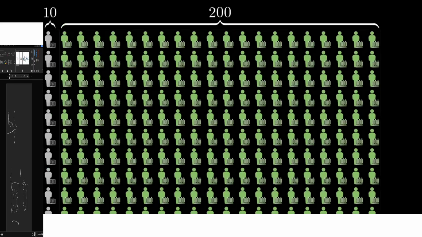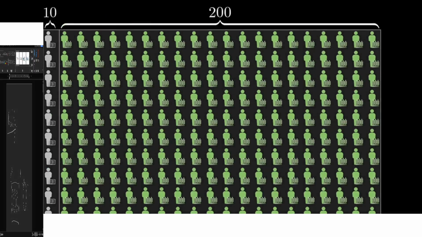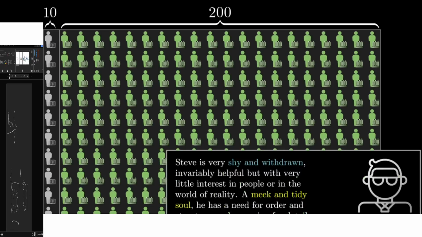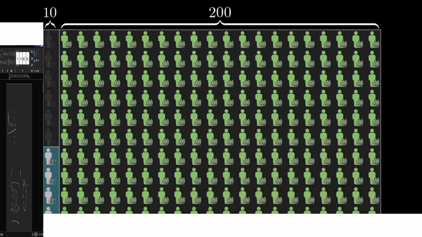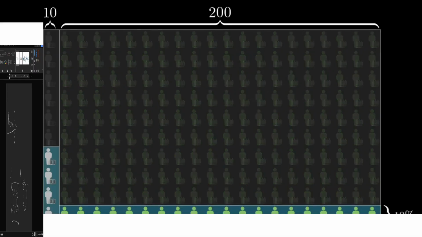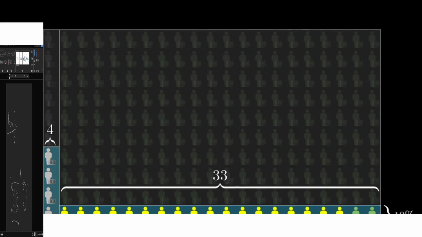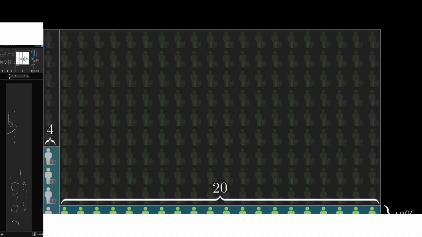You might start by picturing a representative sample of farmers and librarians, say 200 farmers and 10 librarians. Then, when you hear of this meek and tidy soul description, let's say that your gut instinct is that 40% of librarians would fit that description, and that 10% of farmers would. If those are your estimates, it would mean that from your sample, you would expect about 4 librarians to fit the description, and about 20 farmers to fit that description.